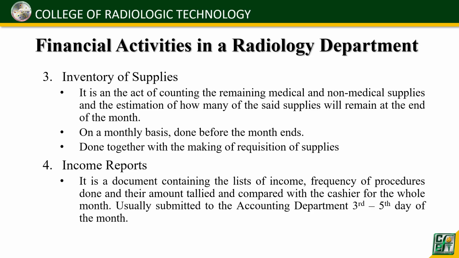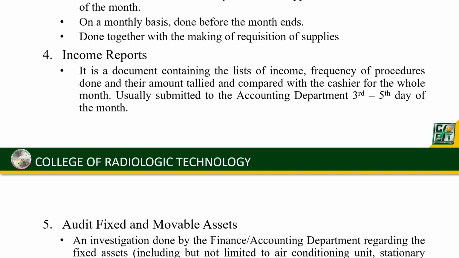So magkakahiwalay sila kasi syempre may kanya-kanya silang list of procedure and kung magkano yung amount. Kasi yun yung itinatali monthly. Okay? So may question po sa mga financial activities. Okay, so kung wala po ay let us continue.